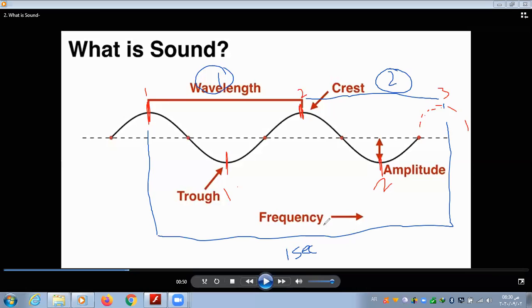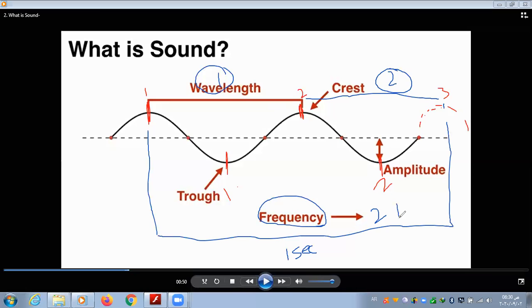So we are talking about frequency. Frequency means the number of waves that pass a point in 1 second. Here we have 2 wavelengths, so the frequency is 2. This is wavelength number 1 and this is wavelength number 2. So frequency is the number of wavelengths that pass a point in 1 second.